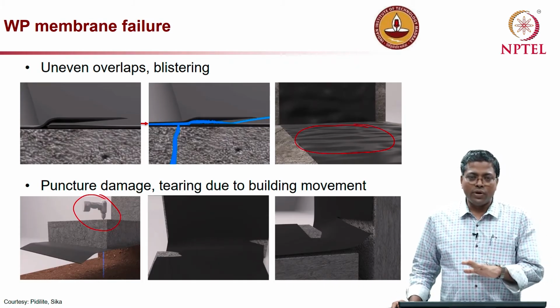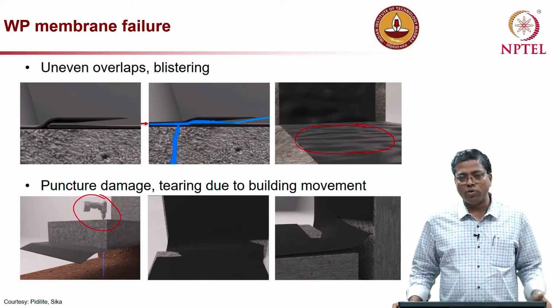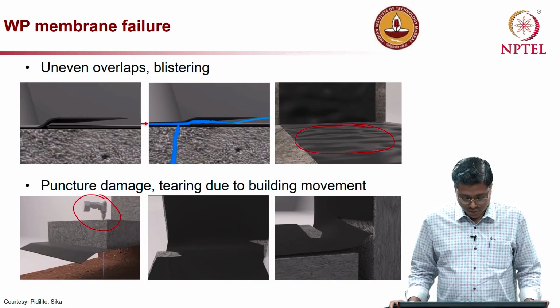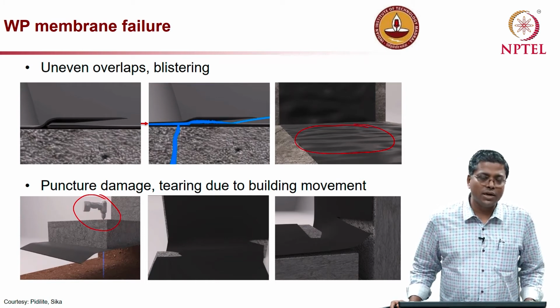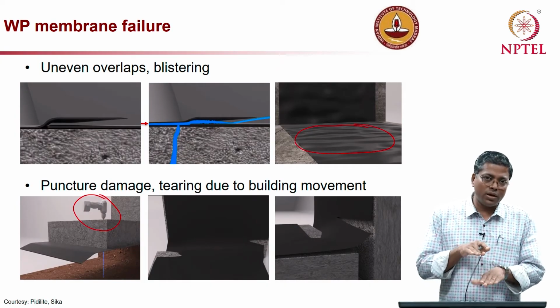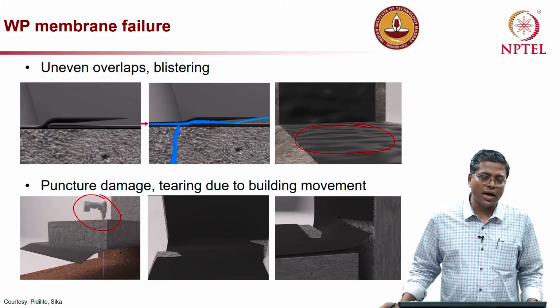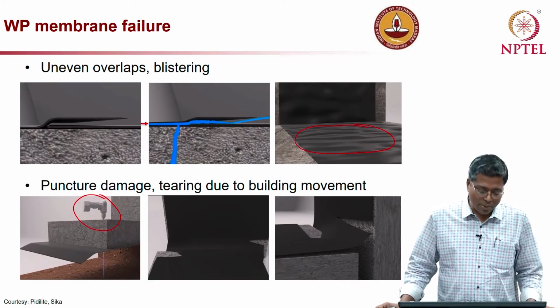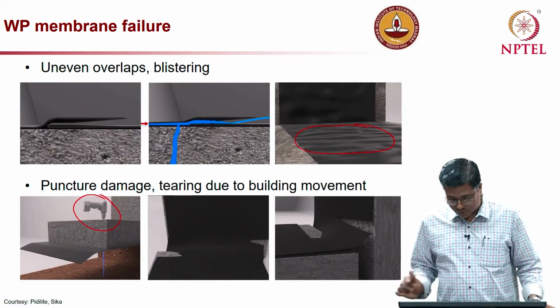So, when we talk about waterproofing membranes, it has to be foolproof, 100% no damage, otherwise wherever there is a small damage, that will lead to the entry of moisture, and it will get into the space between the concrete and the membrane and then delaminate, and eventually the system will not function as expected.